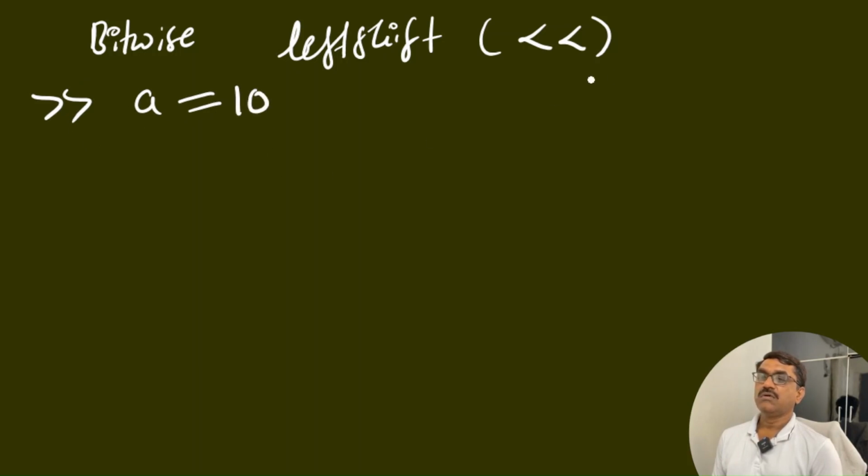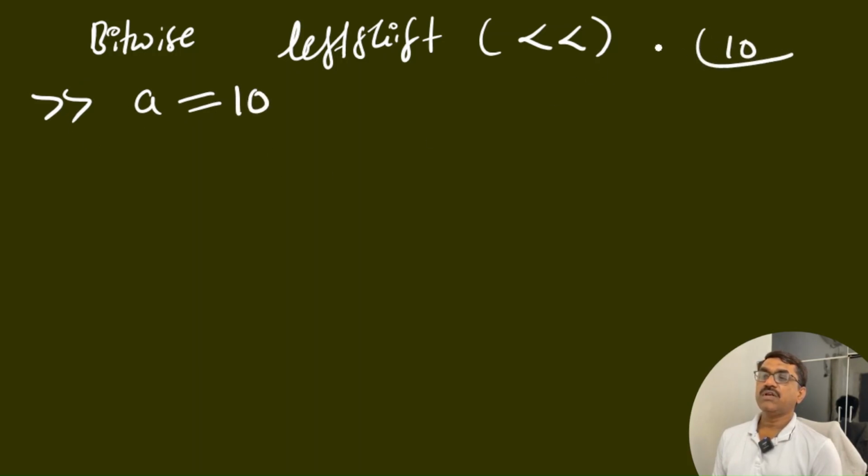Now, we are going to talk about the bitwise left shift operator, that is indicated by this symbol. Take any number. For example, here we are taking A equals 10.